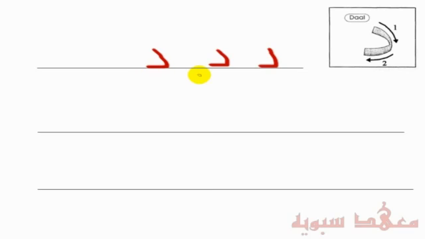Now, the dal being used in the beginning. It's as follows. And the word that comes after it will not join to the dal. Like the alif, it's separated. Now with the medial form, there's a letter coming, and then what happens is there's the dal.